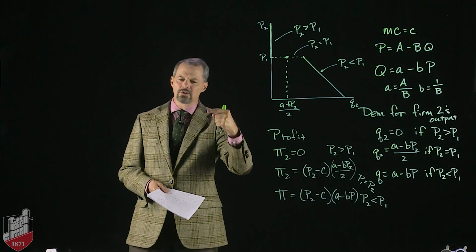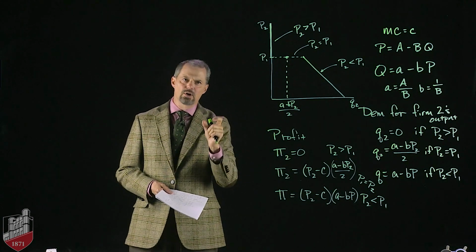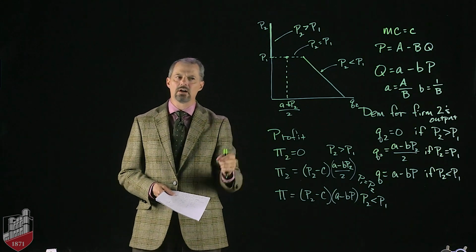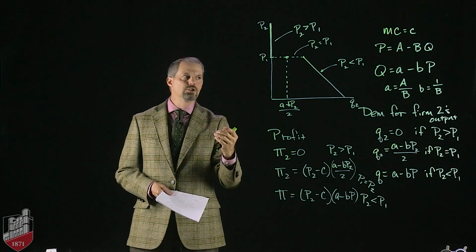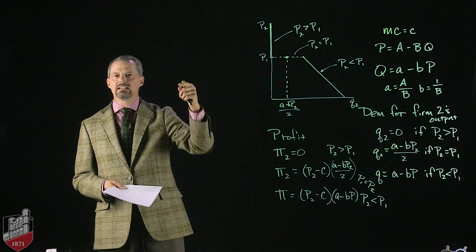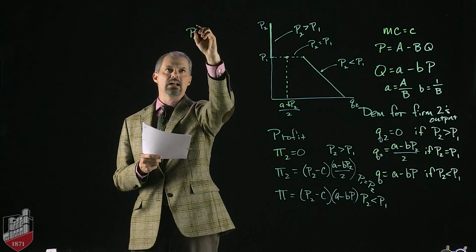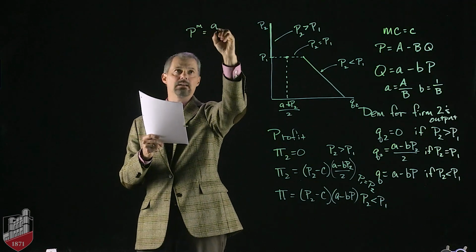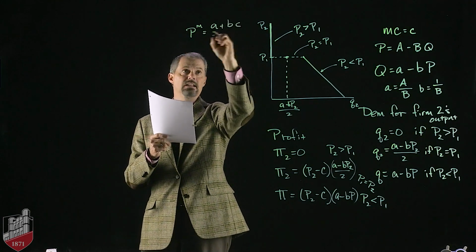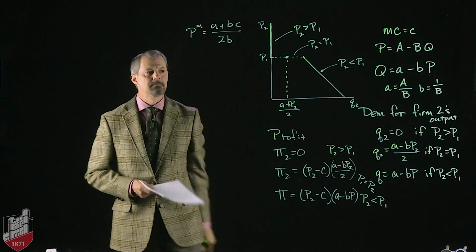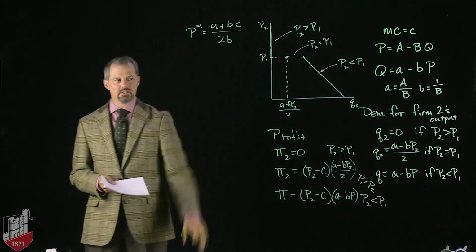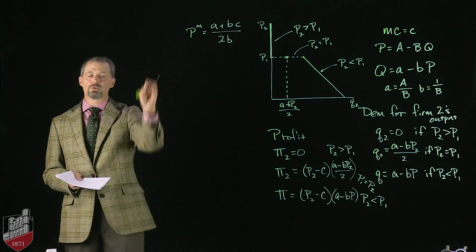You could find the marginal revenue curve. You could set marginal revenue equal to marginal cost and solve for Q and then plug that back in to get P. If you do that, what you're going to get is that the monopoly price is going to be A plus BC over 2B. If you want to work through that, that's easy to do. But that's what you're going to get, okay?